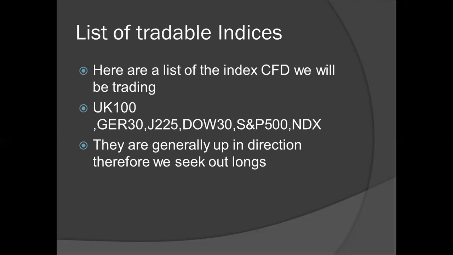Now this is the Nasdaq, which is the US Tech 100, so the top 100 tech companies within the US. Now they are generally up in direction, therefore we seek out longs with our approach.